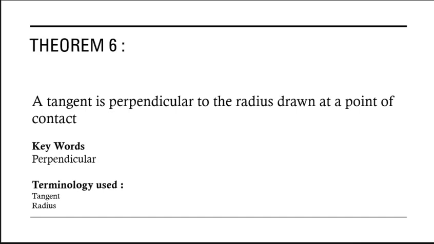On this theorem, it states that a tangent is perpendicular to the radius drawn at the point of contact. Basically, it says that if I have a radius and it meets a tangent, it should form an angle of 90 degrees.